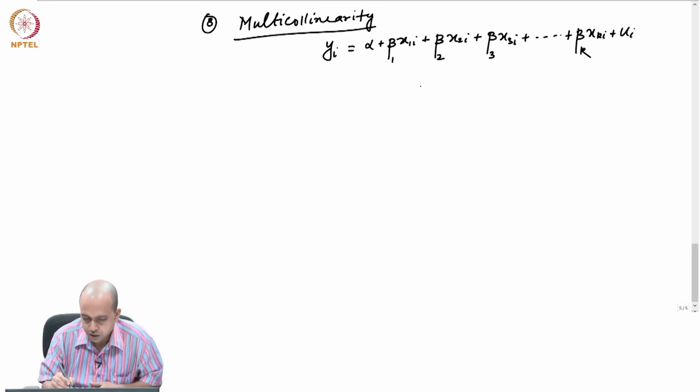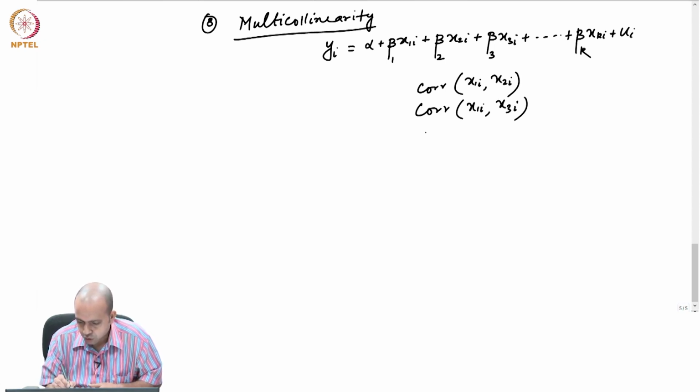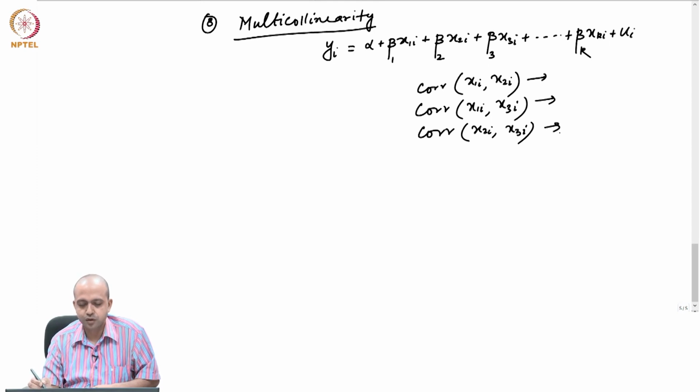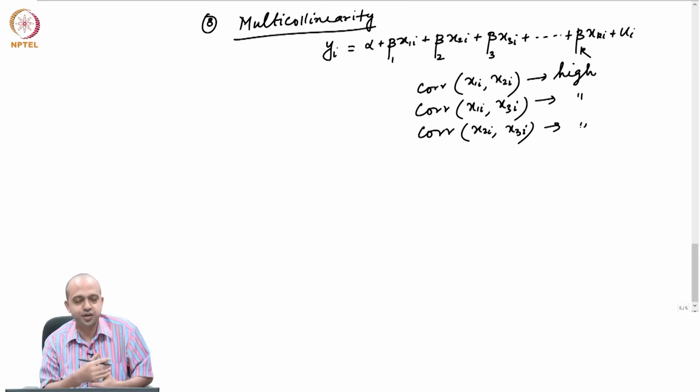That means the correlation between x1i and x2i, or between x1i and x3i, or between x2i and x3i, should be insignificant, very small. If it is high, then we say that there is a presence of multicollinearity.